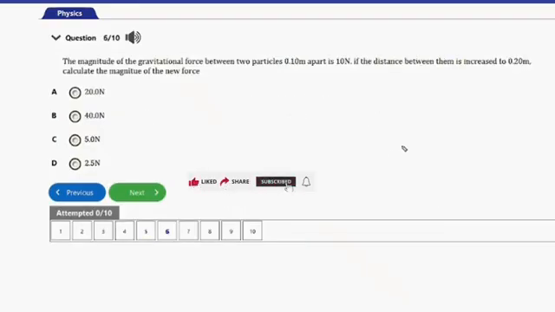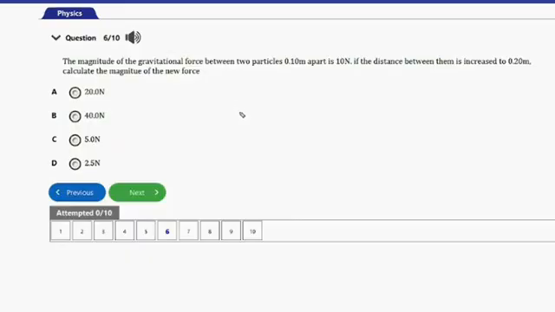The next question here is question number 6. It says, the magnitude of the gravitational force between two particles 0.1 m apart is 10 newtons. If the distance between them is increased to 0.2 m, calculate the magnitude of the new force.